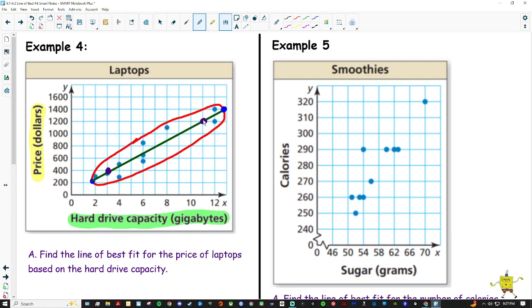I see a pretty point right here. So one of my pretty points is about (3, 400). And another one of my points that I estimate is (1, 100).